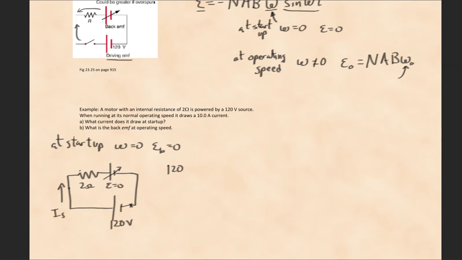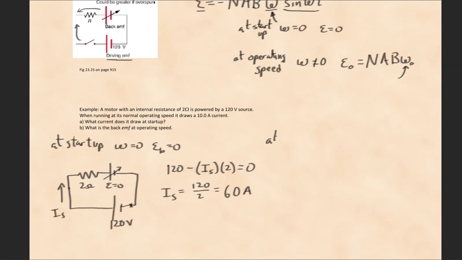As I walk around the circuit, I'm going with the current, so that's a drop of I times R. So that's the unknown I times the R. And then at startup, this is 0. It's initially not rotating, so there's no back EMF, so I'm back to my starting point. That equals 0.